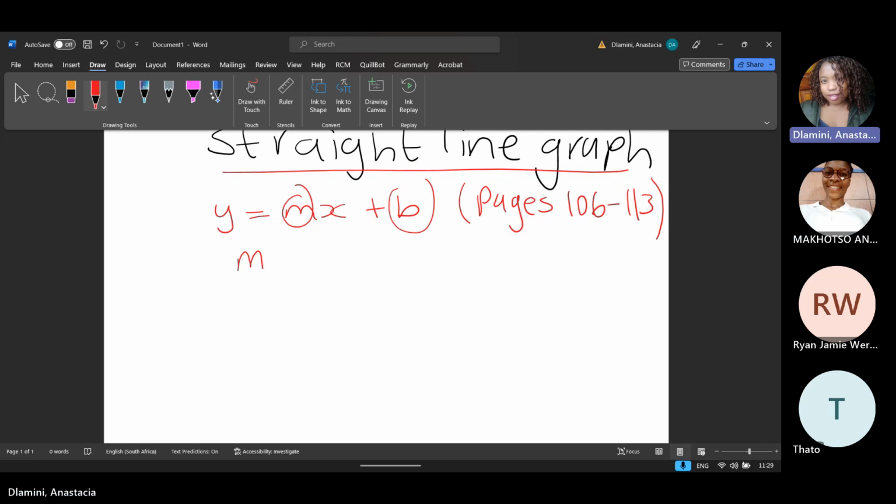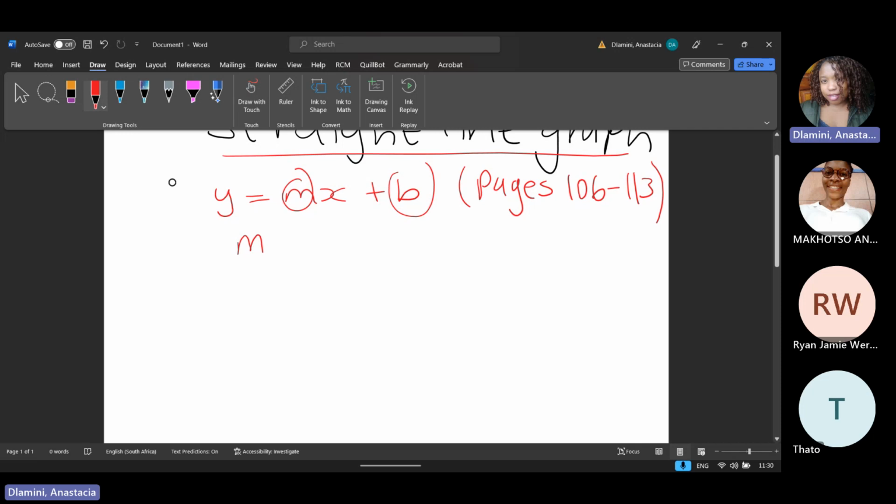So you know, when I say this line is perpendicular to that line, what does it mean? This line is parallel to that line, what does it mean? If I give you 2 points and I say find the equation of a straight line passing through those points, how do you do it? So all the basics that are related with the straight line function, you need to know them.